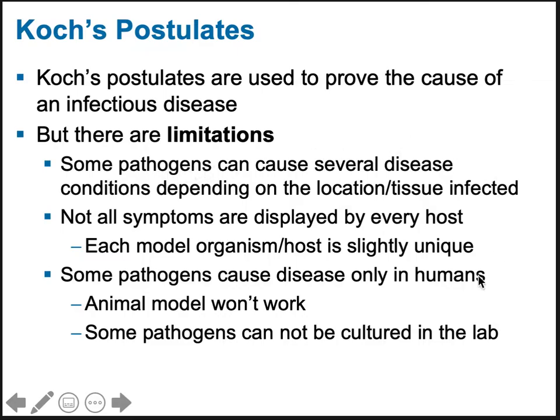And then another one that's not on here is that sometimes normal microbiota cause disease. And we're going to talk about what normal microbiota are in a little bit. But Koch's postulates say that you must not find the pathogen in healthy individuals. So that would be another limitation.